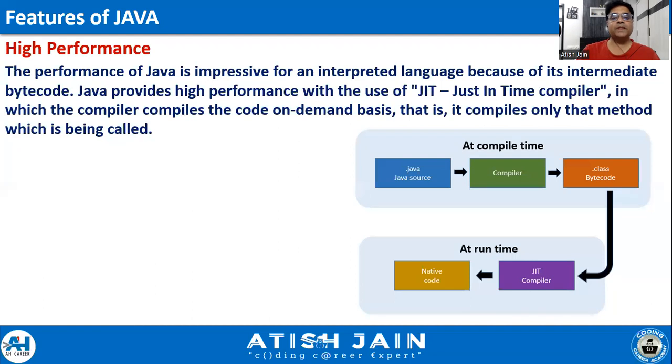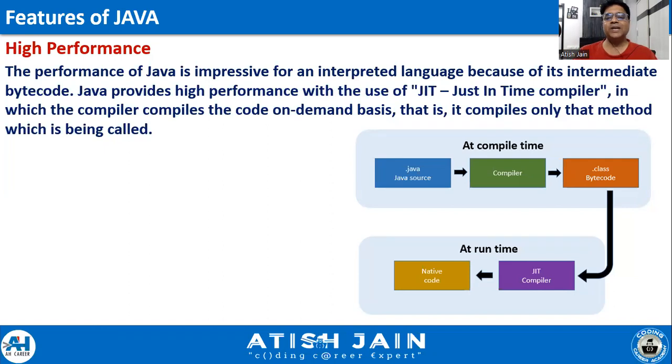High performance. The performance of Java is very impressive, because for any language which is interpreter based, generally the performance will go down. But Java has provided one more component called JIT, the just-in-time compiler. For the first time when you run any program, the Java compiler compiles that program and produces bytecode.